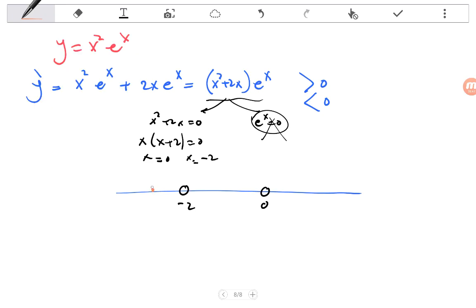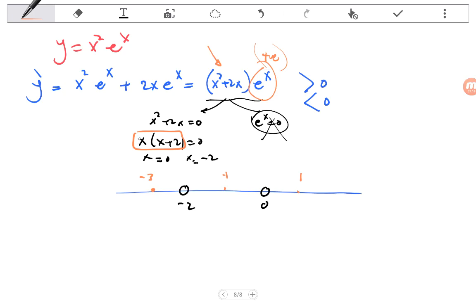Now we test some points, for example negative 3, negative 1 and 1. The exponential is always positive, so I don't need to consider it every time. I just need to look at this function, and the factorized one is more suitable.